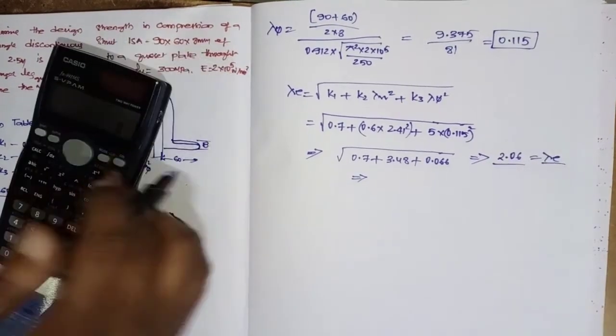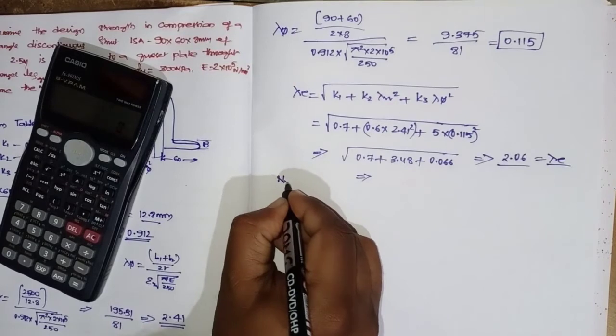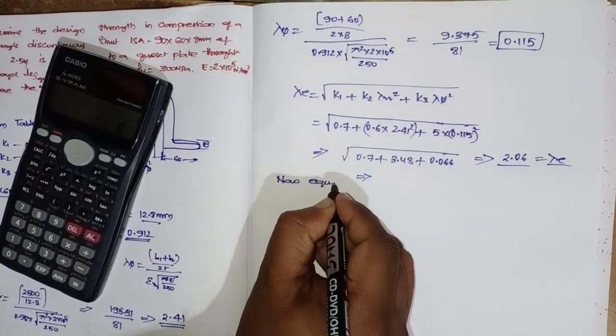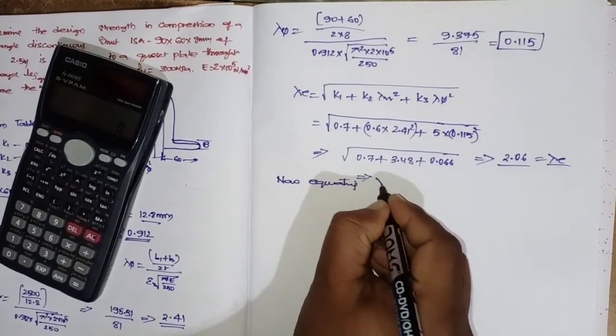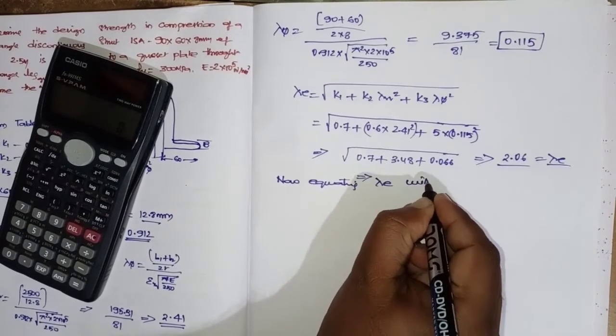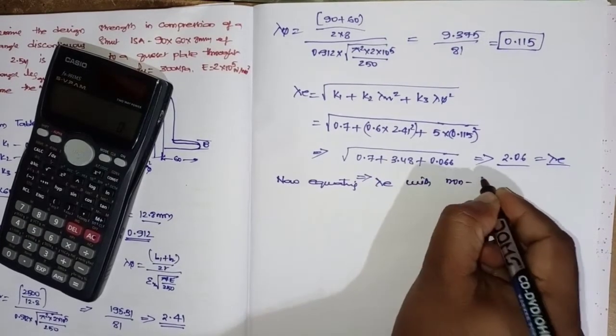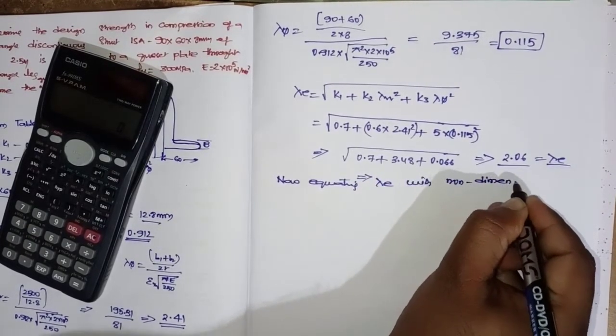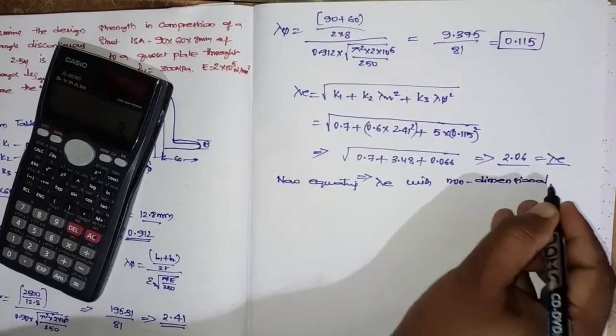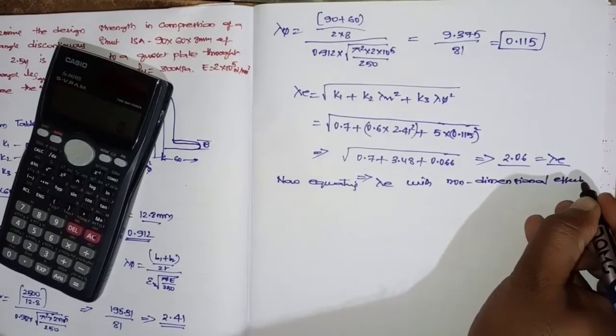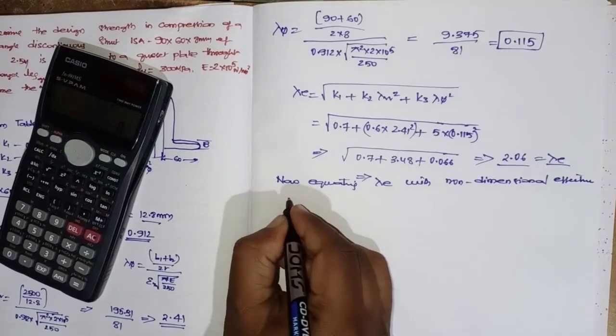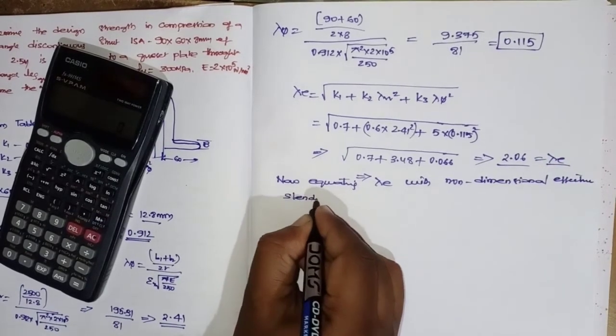As per our procedure, now we equate lambda E with the non-dimensional effective slenderness ratio.